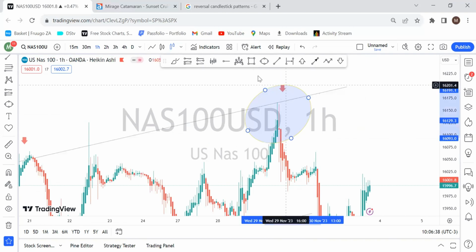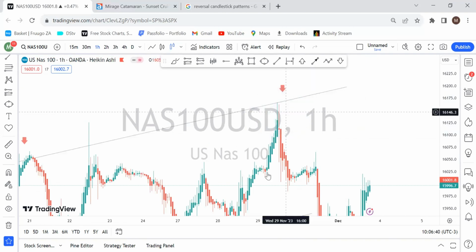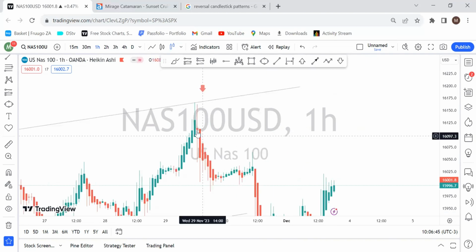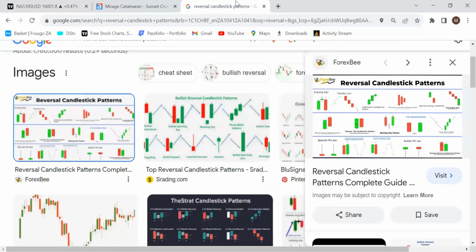I think we would need to move, but then you can see the reversal candlestick was this wick, giving us a huge wick to the downside and upside, but then the body of the candlestick is very small, which is one of the reversal candlestick patterns.